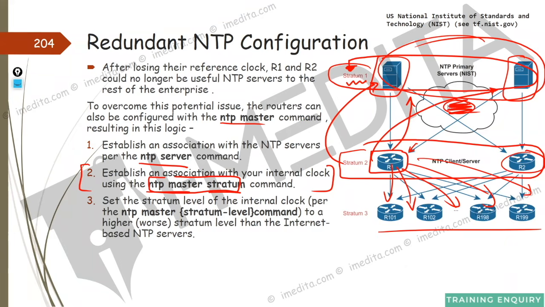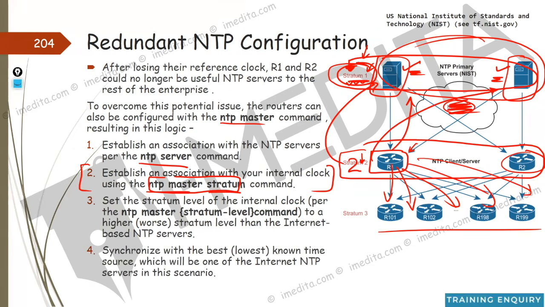So if these public NTP servers are Stratum 1 and we configure NTP master 2, then if the servers are reachable, it will never use its own internal clock. It will use these servers. If it loses connectivity to the Stratum 1 devices outside the enterprise, then it will use its own internal clock and keep the time ticking. I hope you get the point of how this all works.